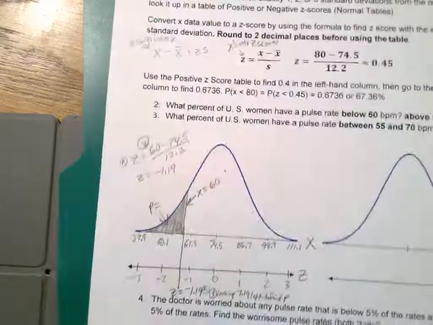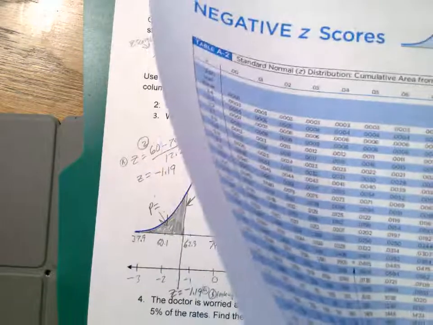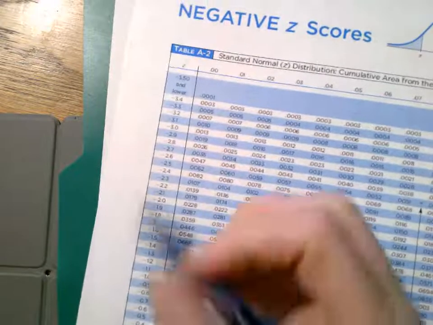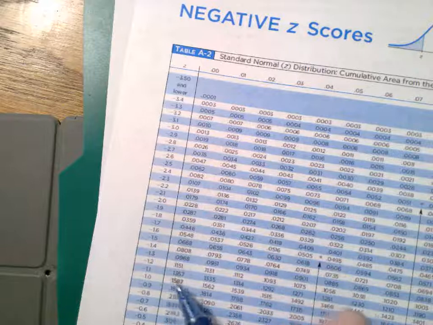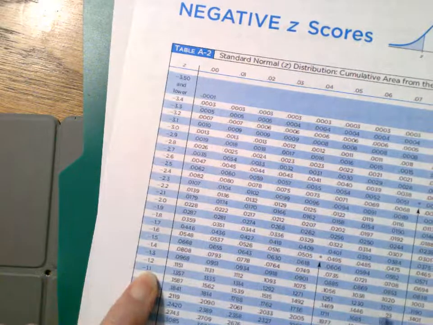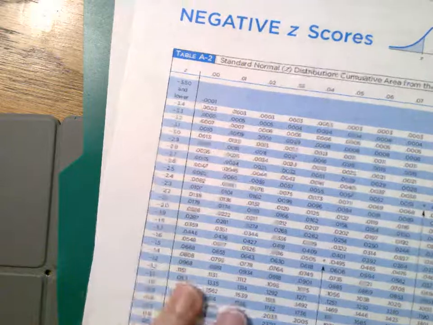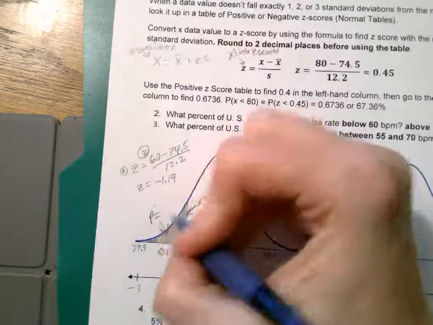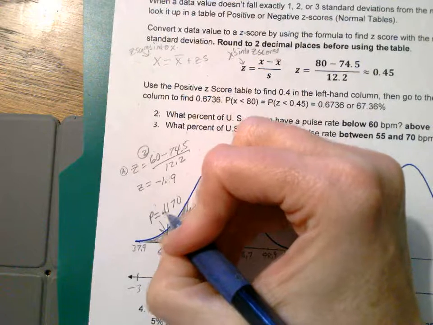And it doesn't matter if you use the right. I need my negative 1.19. Negative 1.19 is .1170. All right, so here now it's .117.